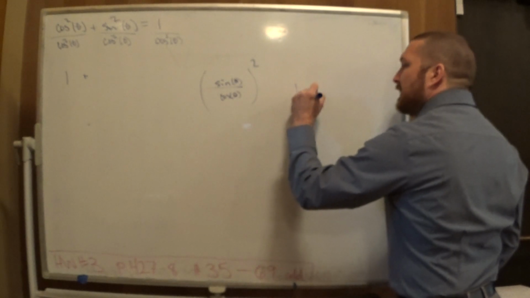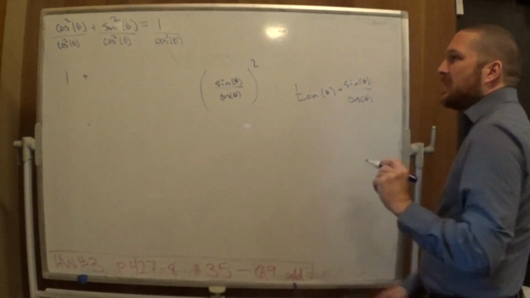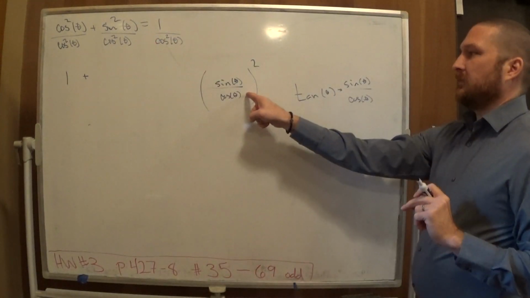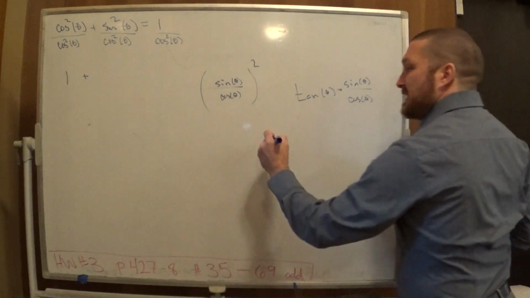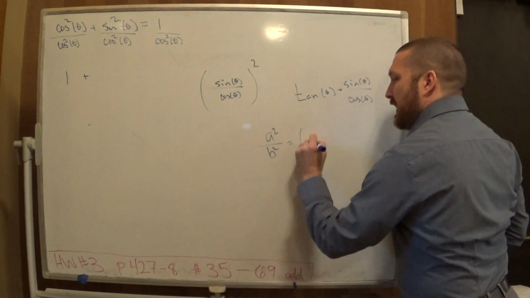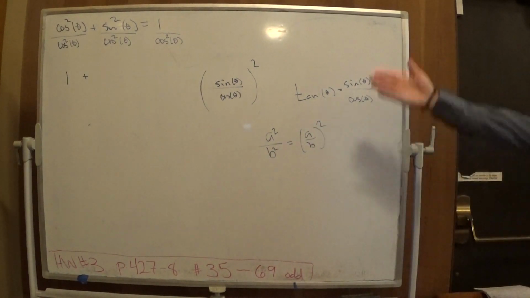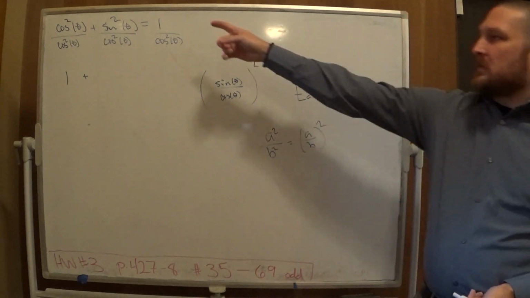Tangent is equal to sine over cosine. And since that is that, this is the same thing as having a squared over b squared. Is that the same thing as a over b quantity squared? Yes, of course. These are just numbers. I could call it sine or I could call it a.